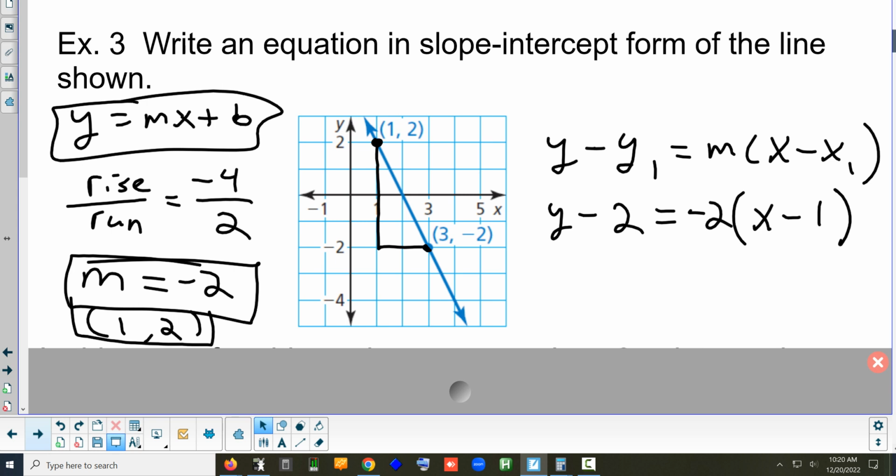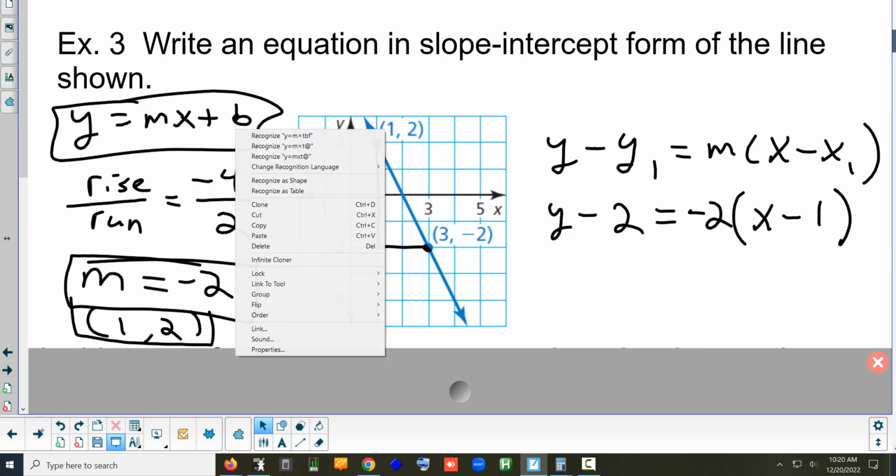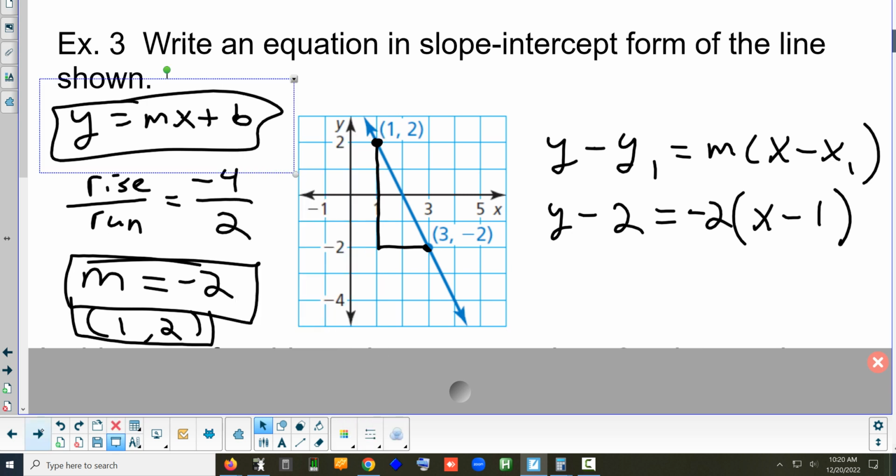There's something different about this. Yeah? Because we don't have the y-intercept. They didn't give you the number with 0. So you couldn't take this and do y equals mx plus b right away because you have no idea what the b is. It's the number with 0. And it's not here. So the only choice you had was to do the other format first.